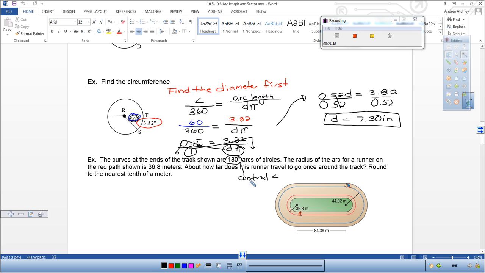Since the central angle is 180 degrees, when the two arc lengths are together, what part of a circle is it? What part of a circle is 180 degrees?